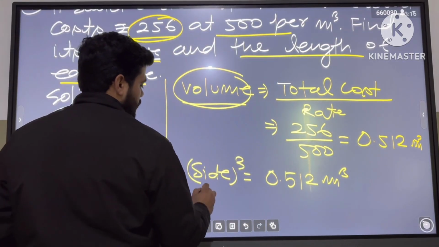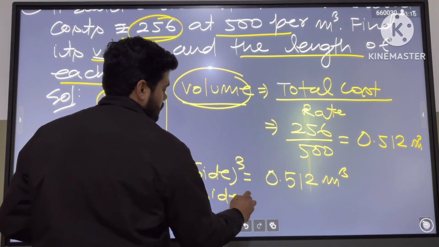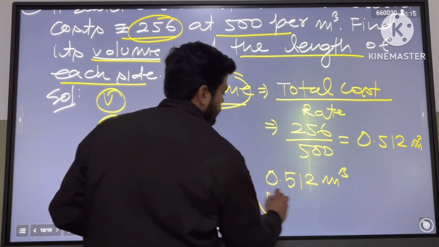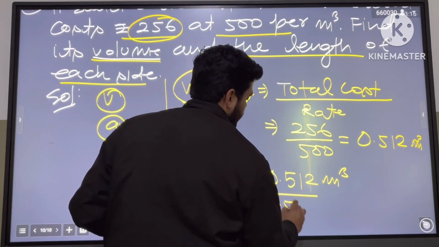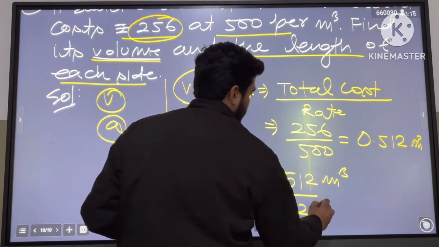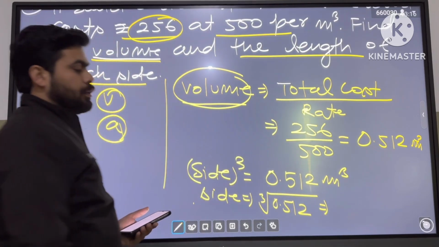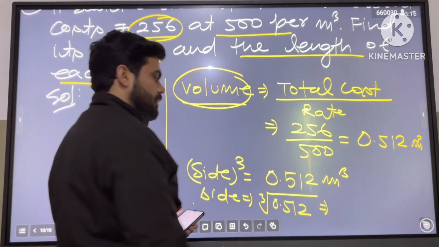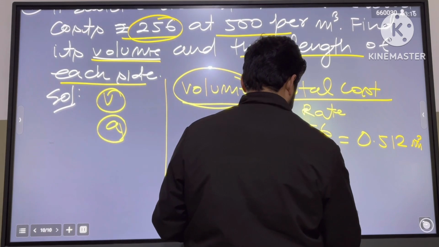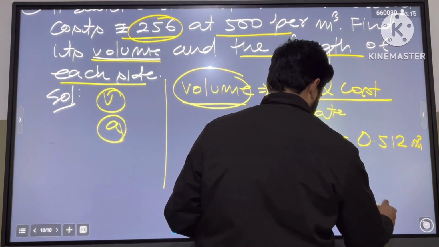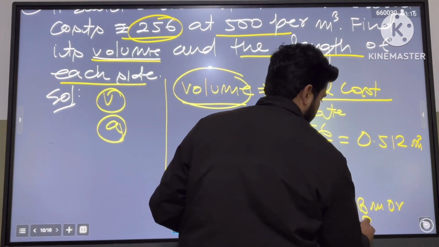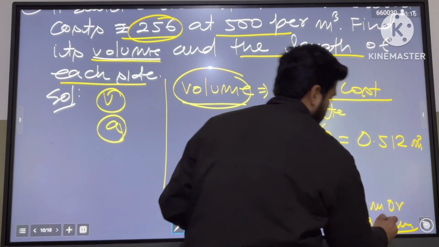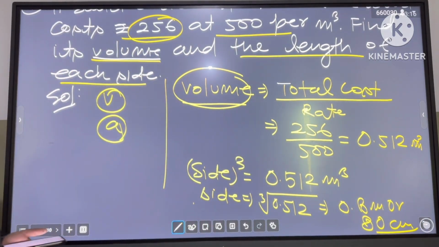So side is equal to cube root of 0.512, and we know the cube root of 512 is 8. So dear friends, your answer is 0.8 meter or 80 centimeter. So this is the length of the side.